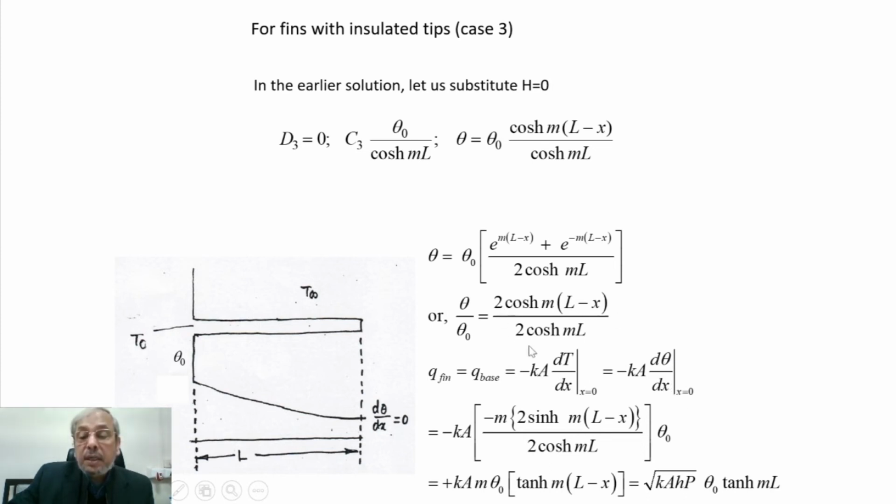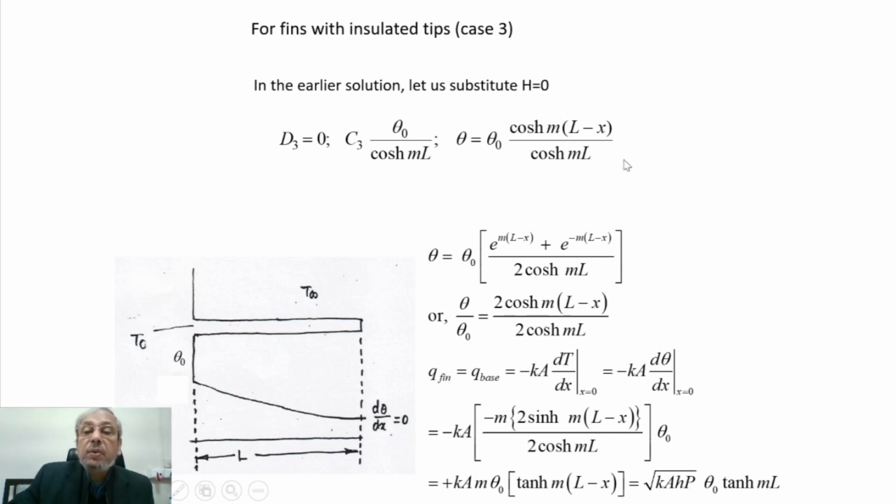So we find the derivative of this expression for theta and substitute x equal to 0. You can do it step by step; it will finally be root over kAhP into theta naught tan hyperbolic mL. Very easy and straightforward.